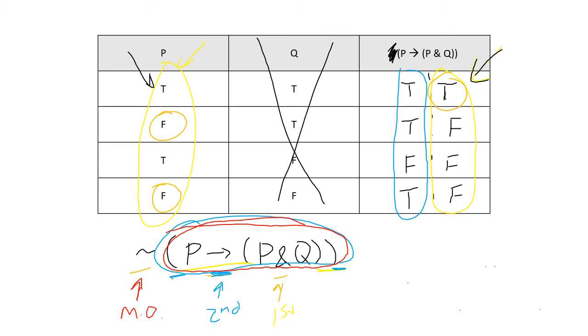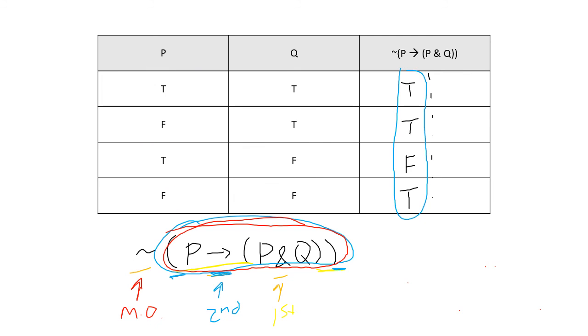Now once we've got this arrow, we can actually go ahead and erase this because the only reason why we needed this was to be able to evaluate the arrow. Because the final thing that we're going to have to do is use the tilde rule on this column here. So really what the tilde is saying is it's not this conditional statement.